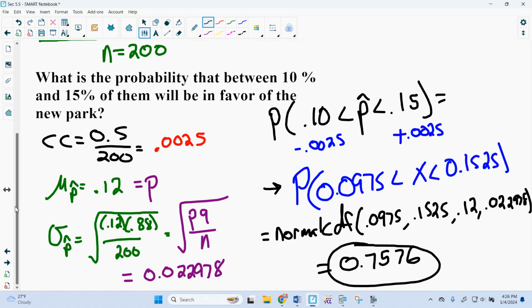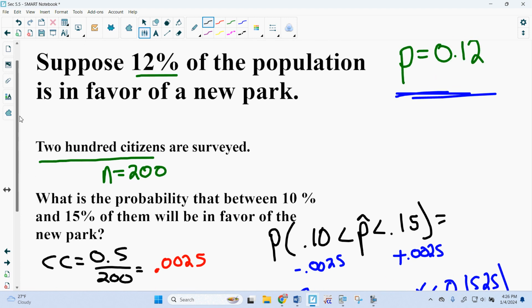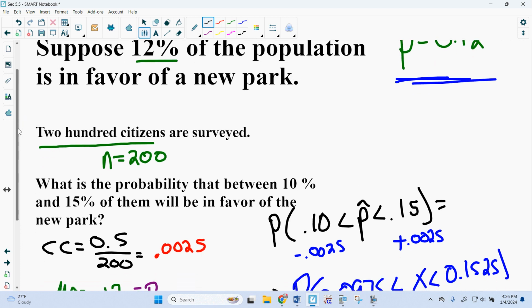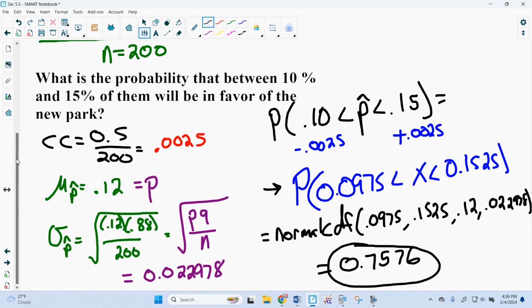So if 12% of people favor the new park and we survey 200, we have a 75.76% chance that we will get between 10 and 15% of them that say they favor the park.